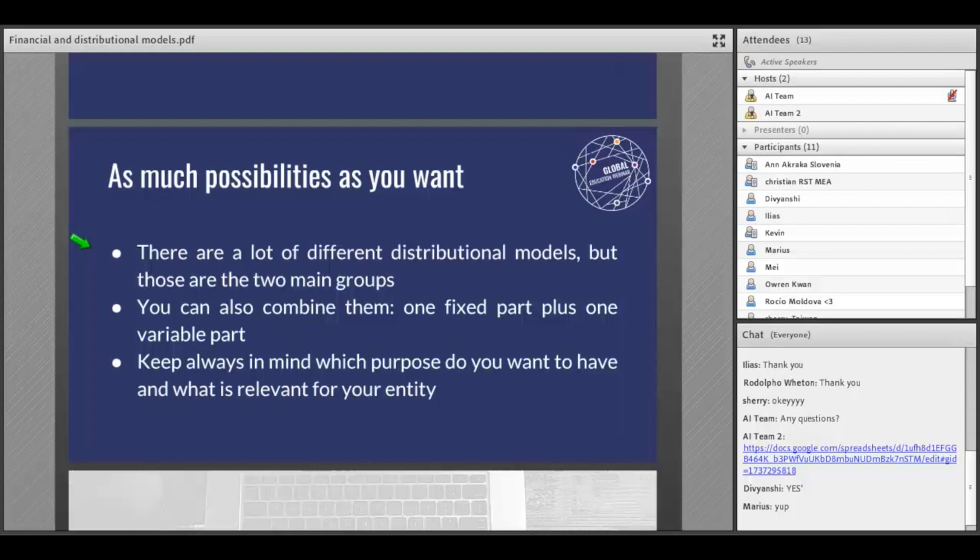Next would be the fixed and variable distribution. This is where you combine the fixed part and the variable part. And then at the rightmost side, just scroll over to the very right side, is the variable distribution. Variable distribution is purely based on exchange or the drivers that we could count, which usually involve people as well.